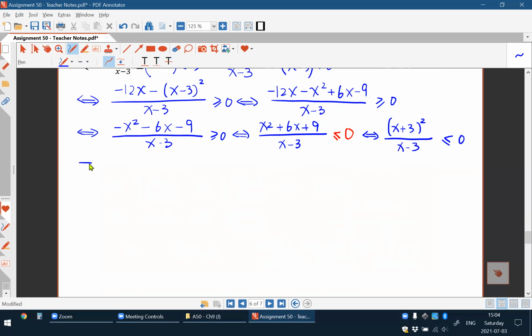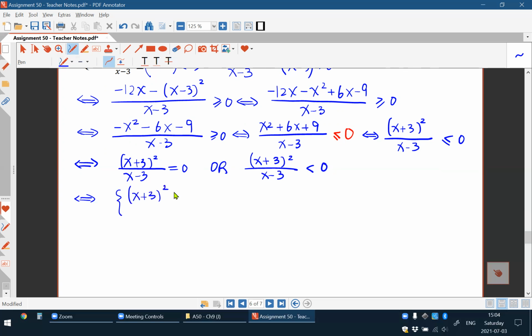Now this is equivalent to, first of all, this expression can be 0, or the expression here can also be smaller than 0. For the equation, if the ratio is 0, that means the numerator must be 0 and the denominator cannot be 0.